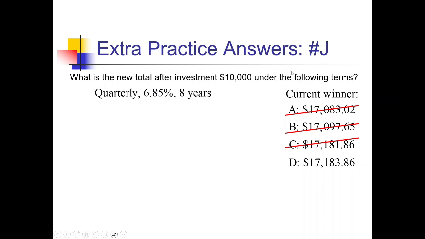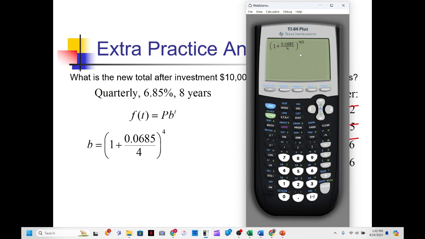Now along comes Plan J. We've got quarterly, 6.85% interest, 8 years. So PB to the T. This time we've got 1 plus 0.0685 over quarterly, so that's 4 and 4. That comes out to about 1.0703.